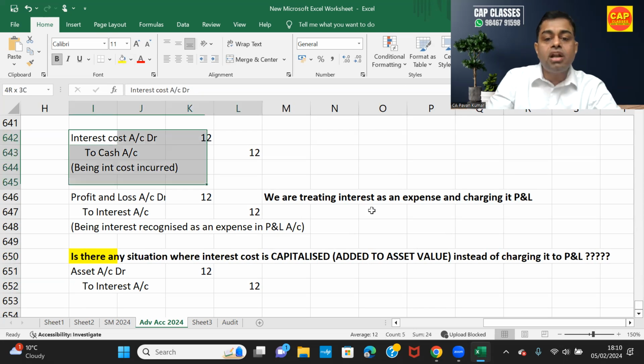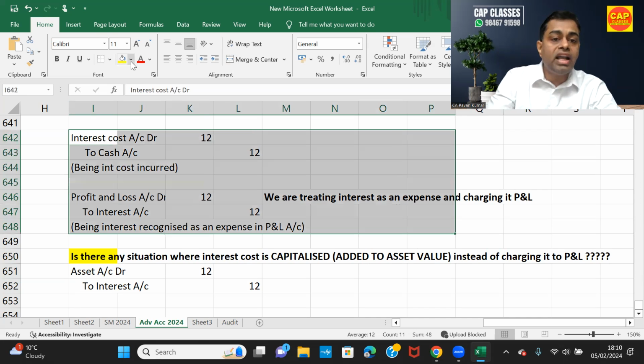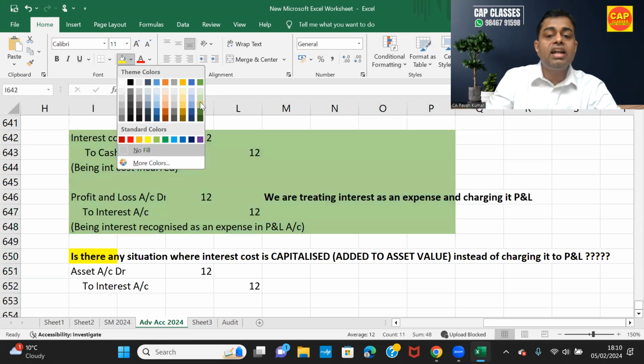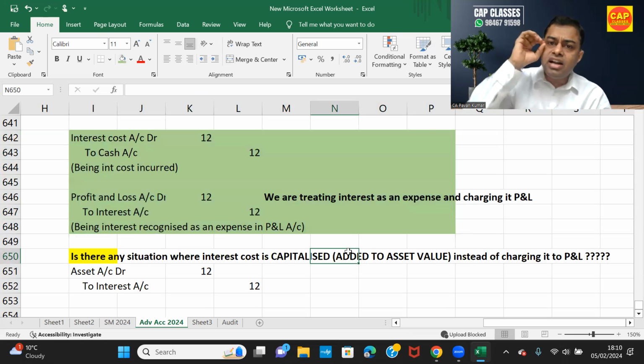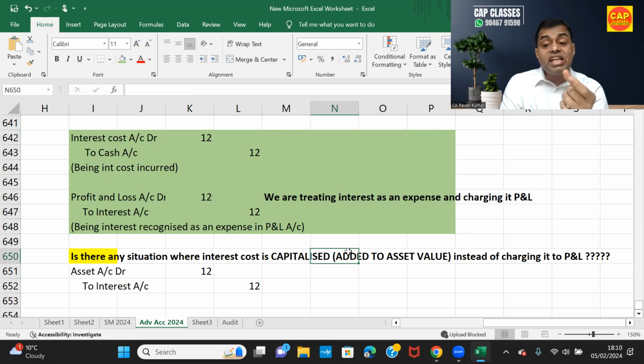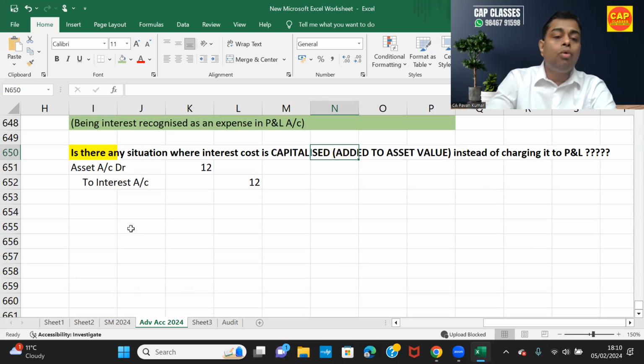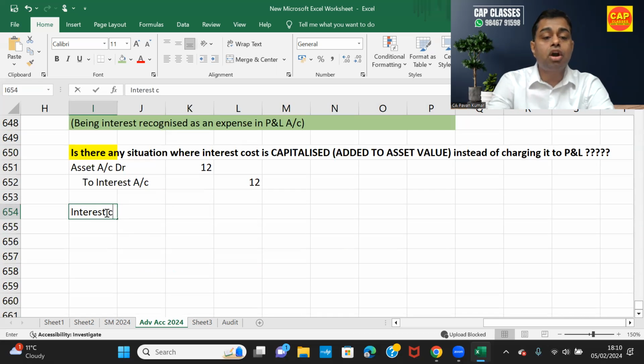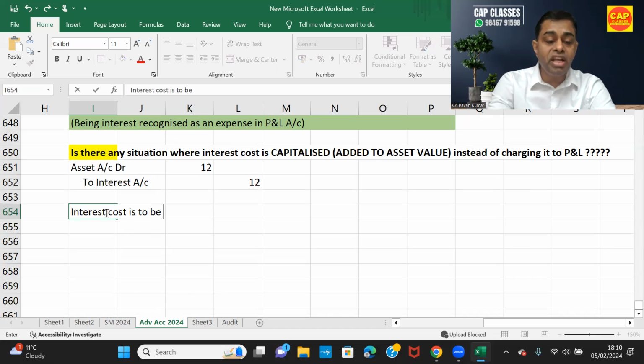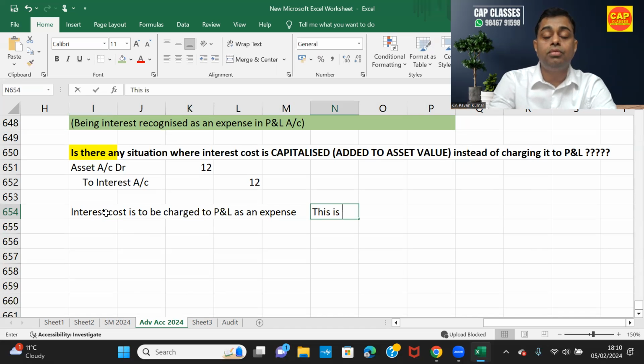Yes. So this is the general rule. Whatever I have highlighted in this green color is the general rule. This is 100% correct. There is an exception to the general rule, and the exception is Accounting Standard 16. So what is the rule? Interest cost is to be charged to P&L as an expense. This is the general rule.